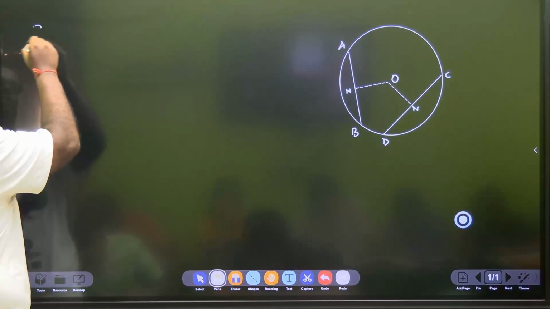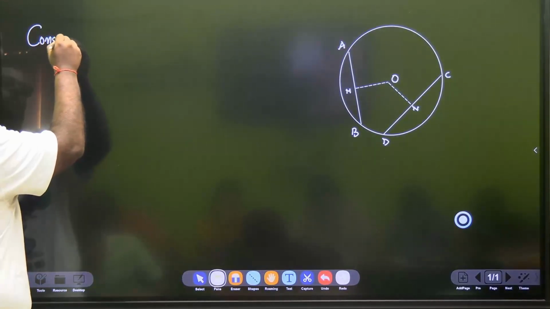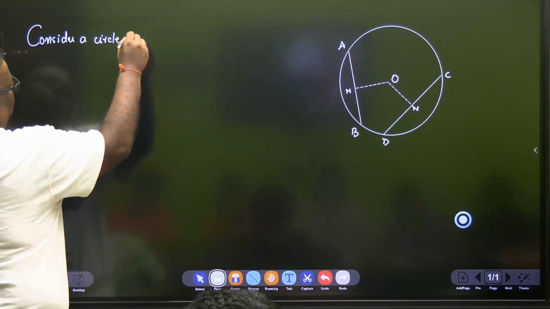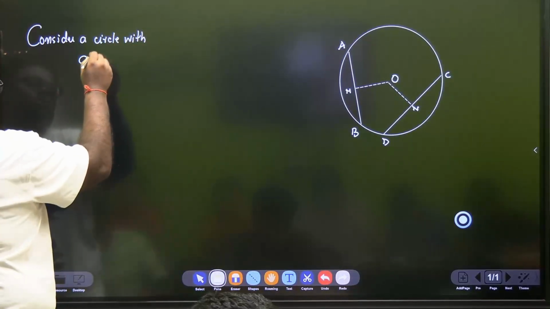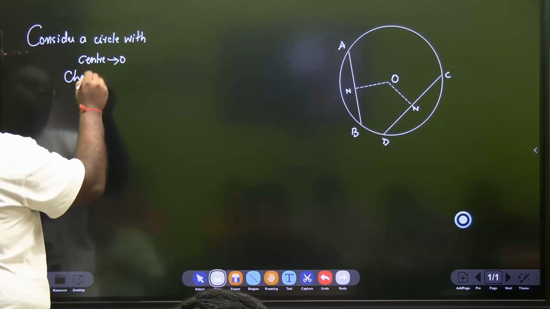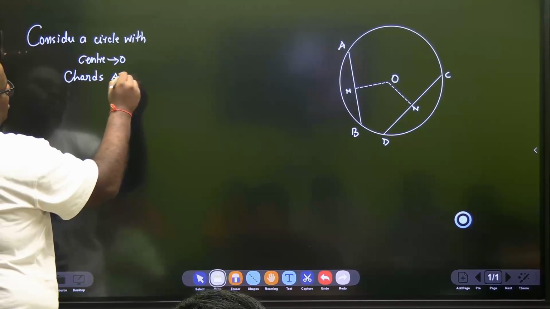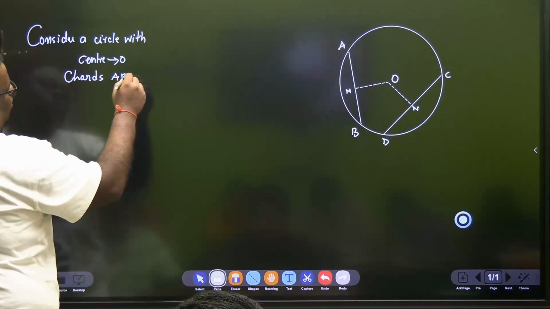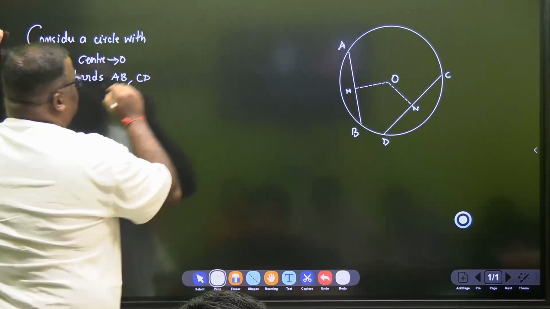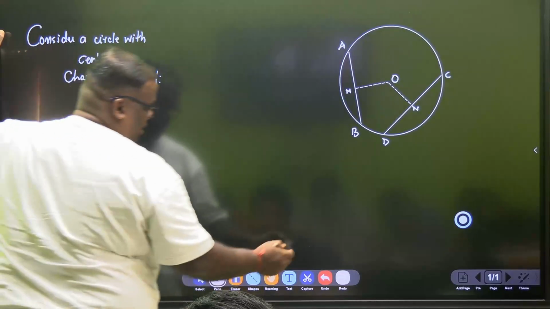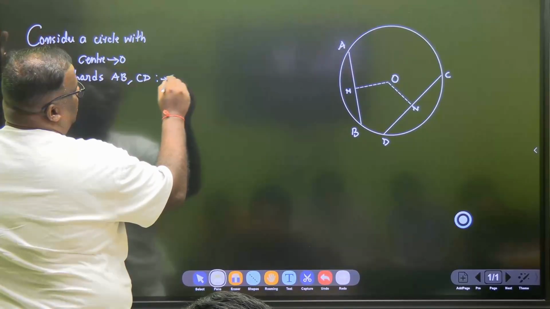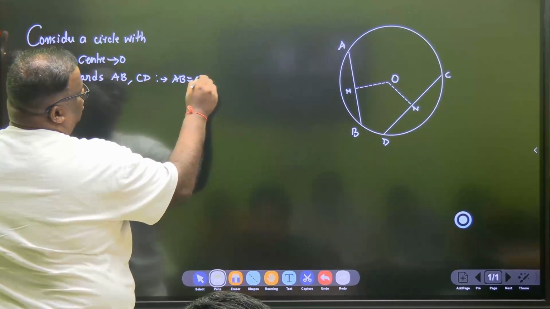So we have a circle with center O and the chords AB and CD, such that AB is equal to CD, meaning you have equal chords.